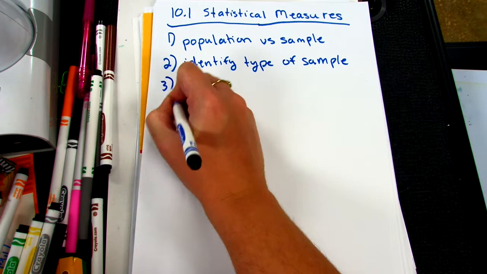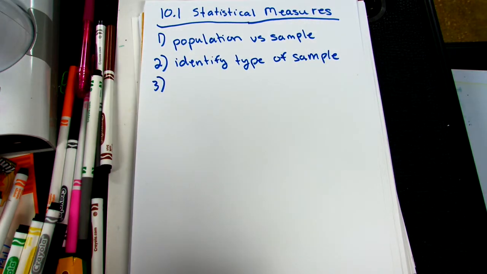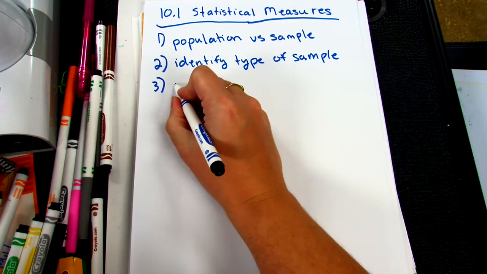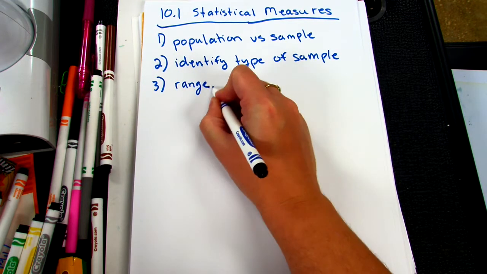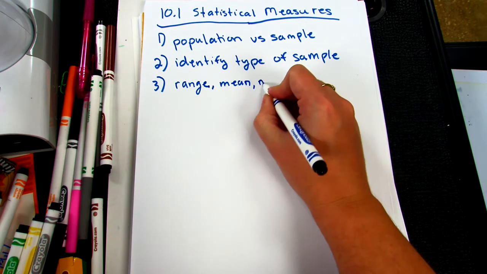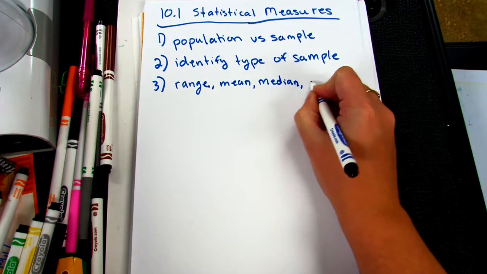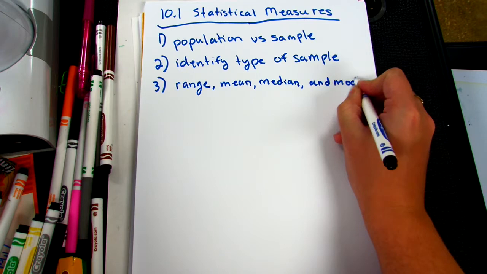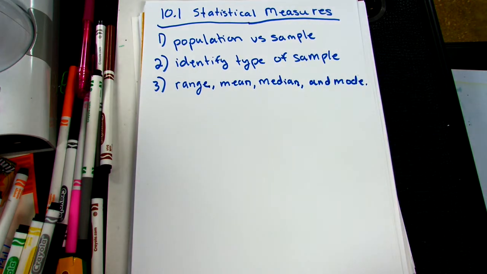All right, and then our third objective is to find range, mean, median, and mode for a set of data. So range, mean, median, and mode. All right, so you probably have been doing statistics and not realizing it, because anytime you are collecting data, organizing data, analyzing data, or even reporting that data, you are performing statistics, okay?